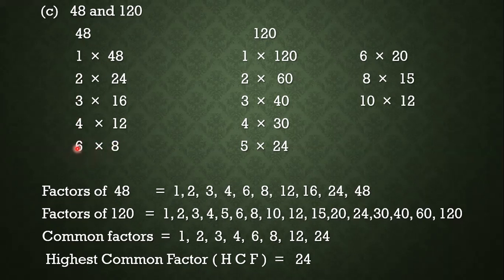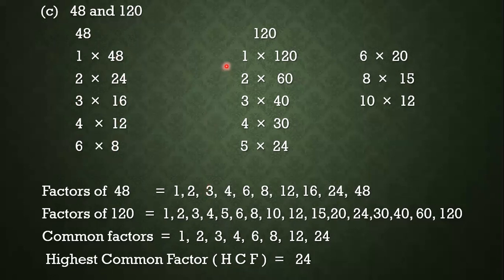The numbers now started reversing. Now we don't have to write more tables. 6 8s and 8 6s are both equal only. So the factors of 48 are 1, 2, 3, 4, 6, 8, 12, 16, 24 and 48. Okay, that I have mentioned here.